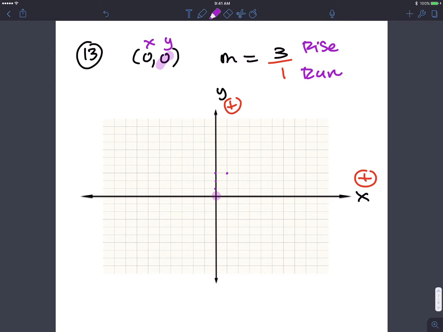This is the location of the second point. We draw our line. This is what it looks like. Notice again, we went through the origin. That's where the y-intercept value is.